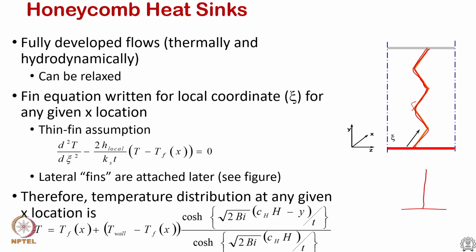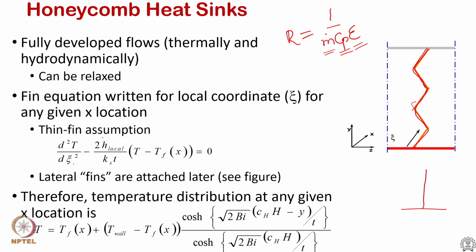For now, we are going to assume fully developed flow and derive this set of equations, and you will find that ultimately it leads to the same heat exchanger theory type solution, where the resistance of the heat sink is nothing but 1 divided by m dot, the mass flow rate, times Cp, the specific heat, times the effectiveness. So, here we write the fin equation in terms of the second order partial derivative in the local coordinate psi.